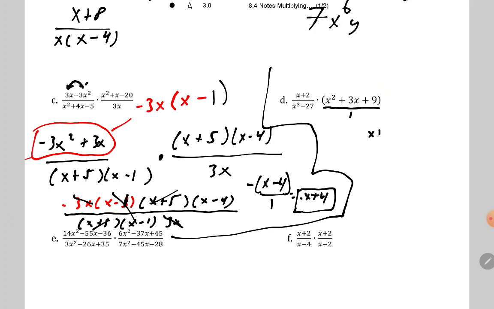So we have x plus 2 over x squared plus 3x plus 9 divided by... What is x cubed factored into? So remember, we have x minus 3 times the quantity x squared plus 3x plus 9.